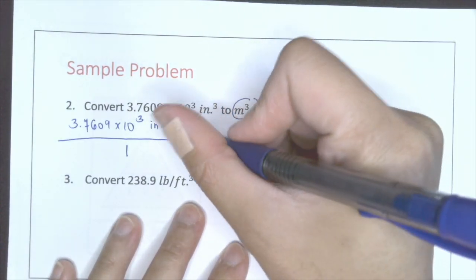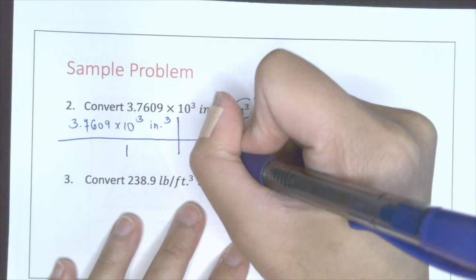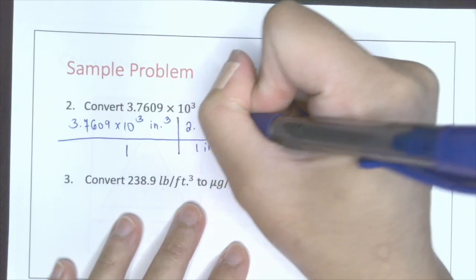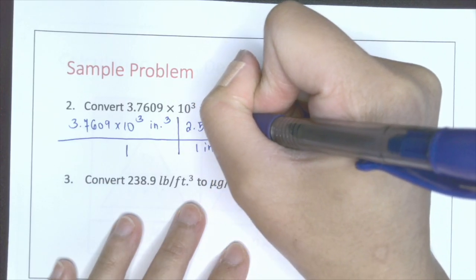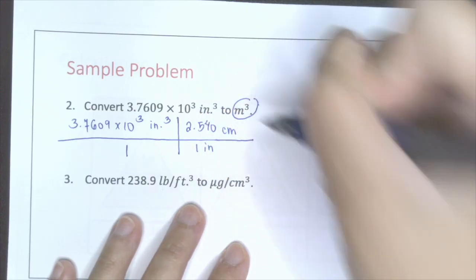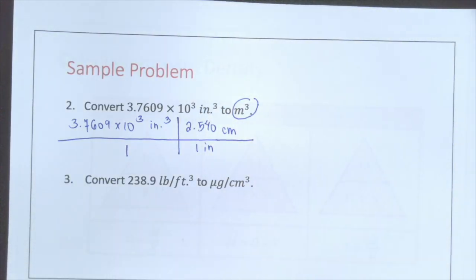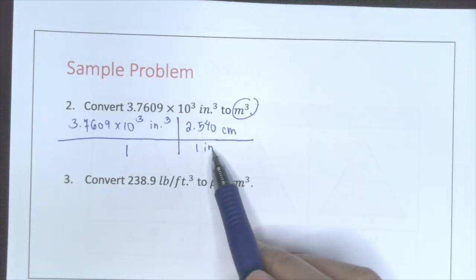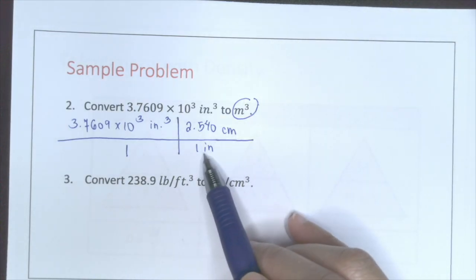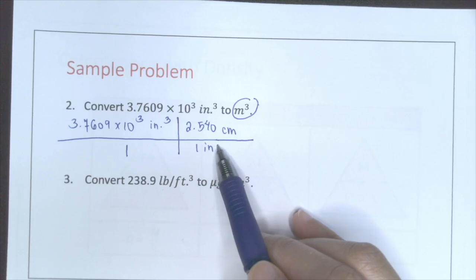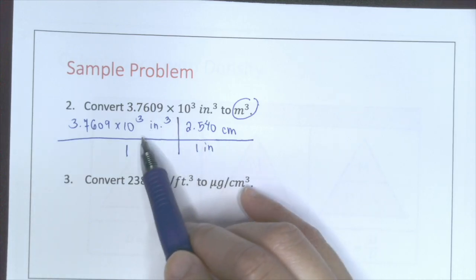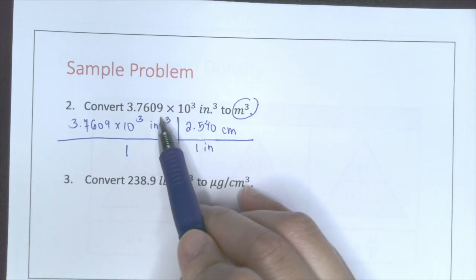Okay, so according to the table, 1 inch is equal to 2.540 centimeters. Notice how if we leave it like this and cancel, we're only canceling 1 inch in the denominator, but that leaves inches squared.